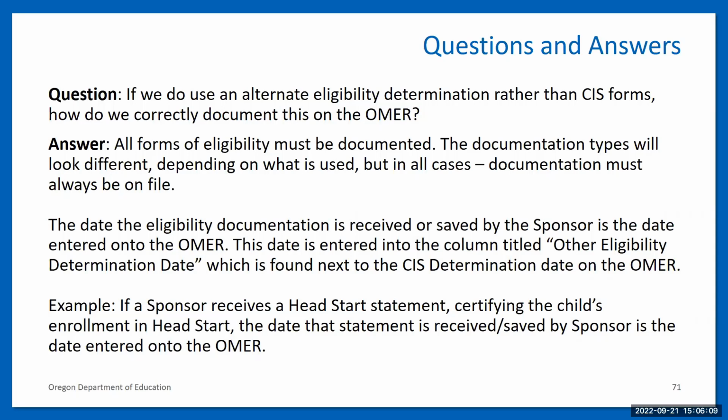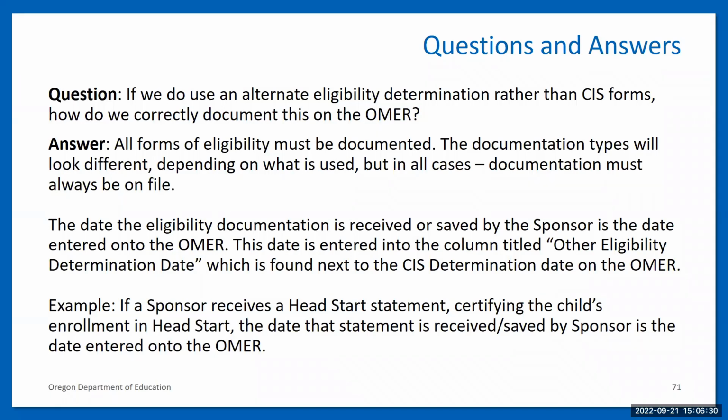So all forms of eligibility determination must be documented. The documentation types will look different depending on what is used, but in all cases, documentation must always be on file. The date that eligibility documentation is received or saved by sponsor staff is the date entered on the OMER.